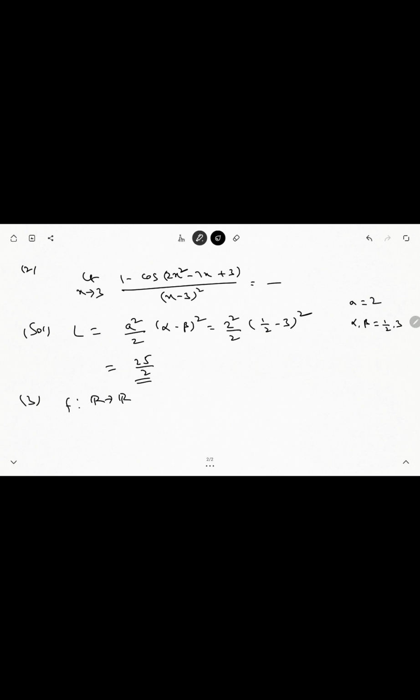So f maps R to R. F is a function from R to R, be a continuous function such that f of x is equal to 19 for all x belongs to Q, and g of x is equal to root of (39 plus x square).